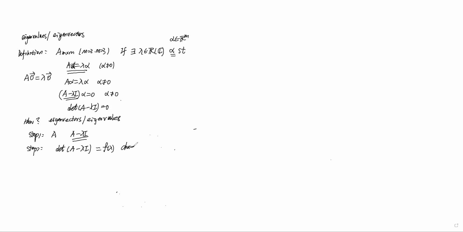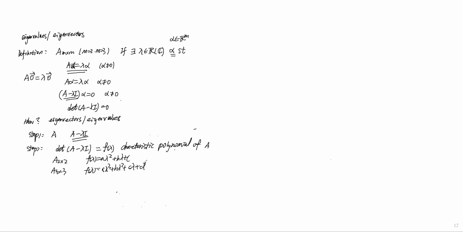This is called the characteristic polynomial of matrix A. So if A is 2 by 2, we know f(lambda) is a quadratic. If A is 3 by 3, f(lambda) is a cubic: a lambda^3 plus b lambda^2 plus c lambda plus d.